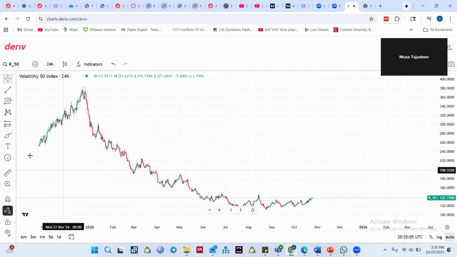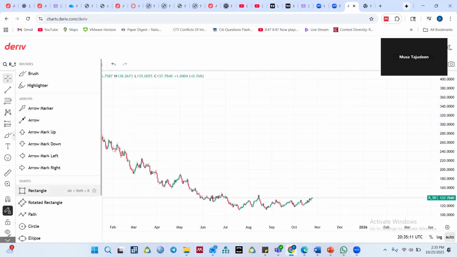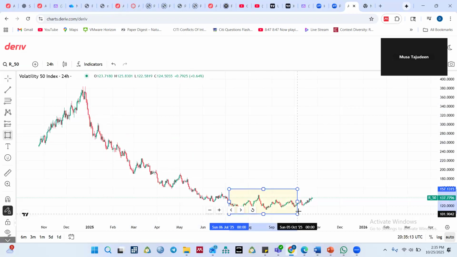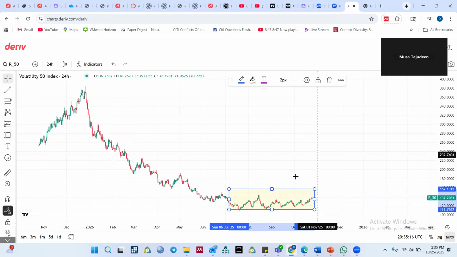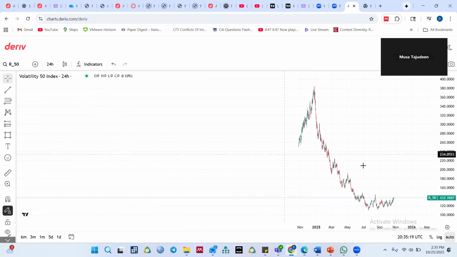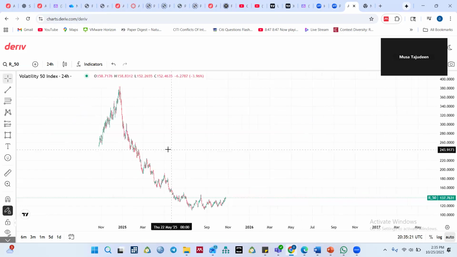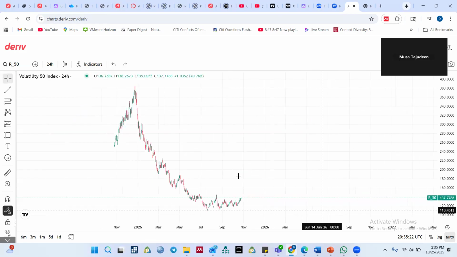Around this session here, there is this consolidation that is giving us something like a reversal pattern that could lead to probably a pullback.